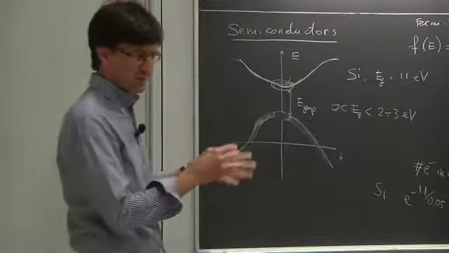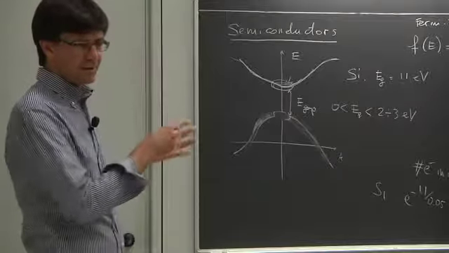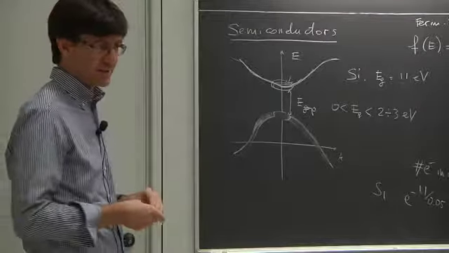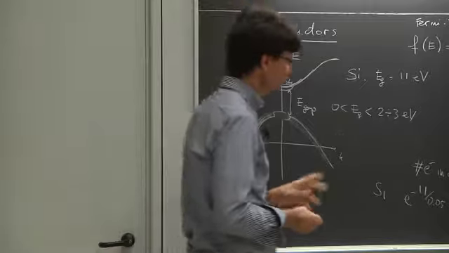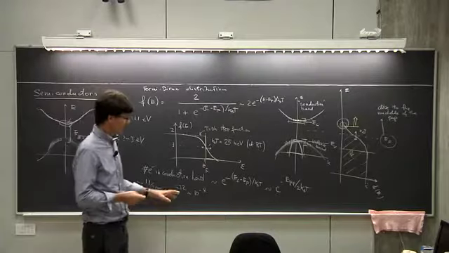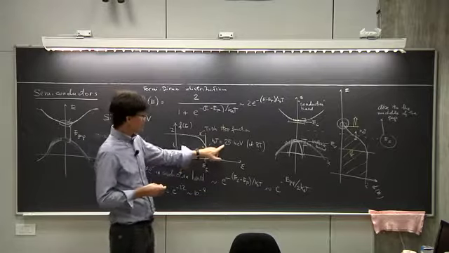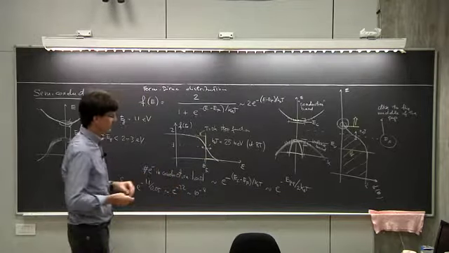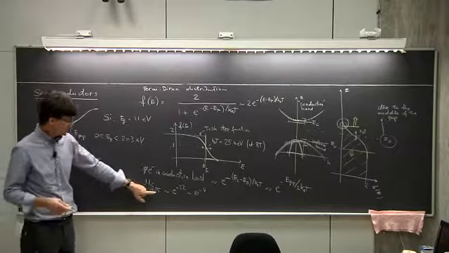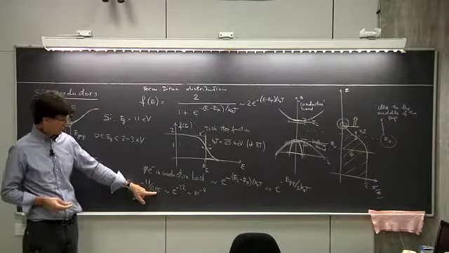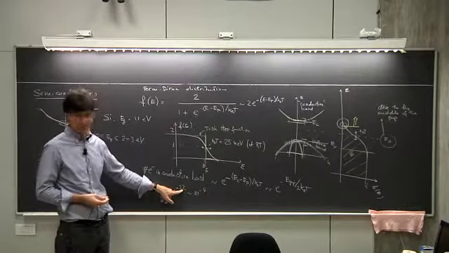Okay? That means go from roughly 30 centigrades to 60 centigrades. I change the temperature by 30 degrees. So I'm changing kBT by 10% roughly. So from 25 to, I don't know, 28, 10%. This is going to change by 10%.